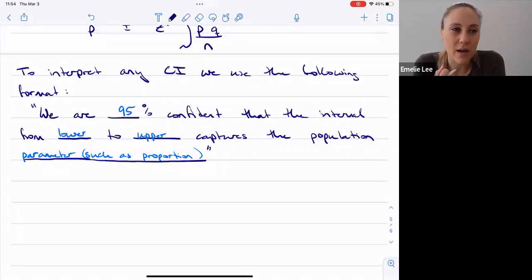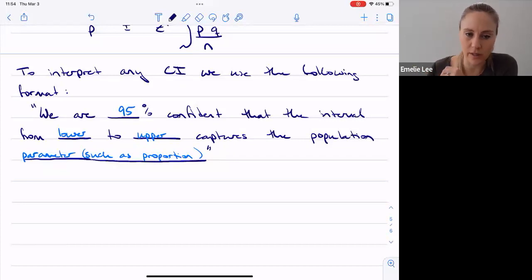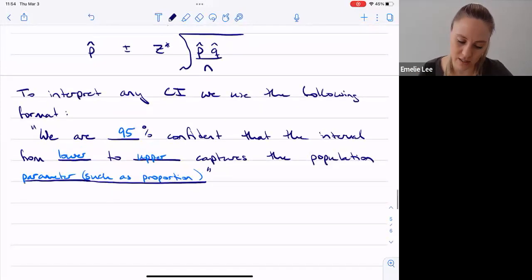Okay, and so I've got an example lined up here, but let's just focus on the lower and the upper bound before we can do the rest here.